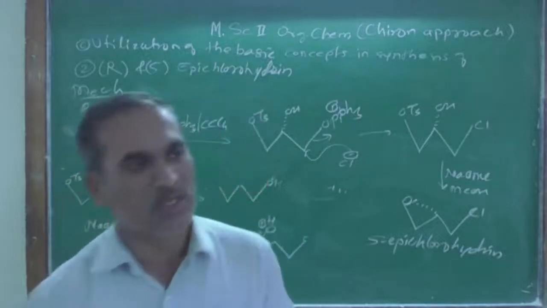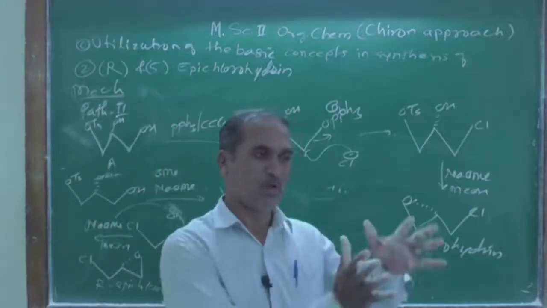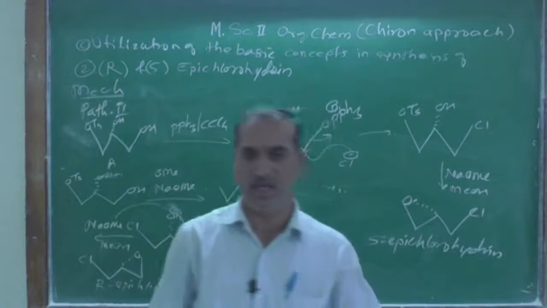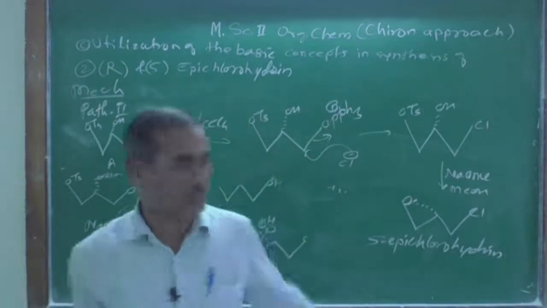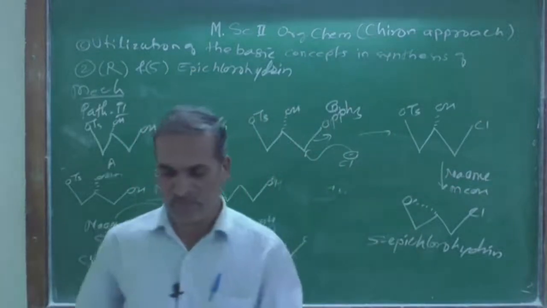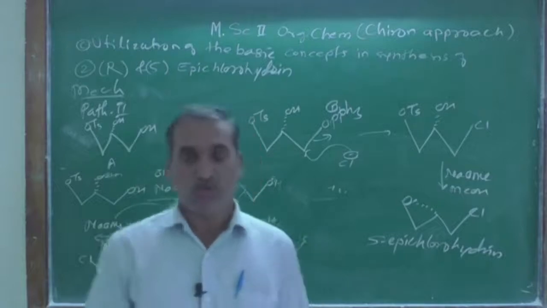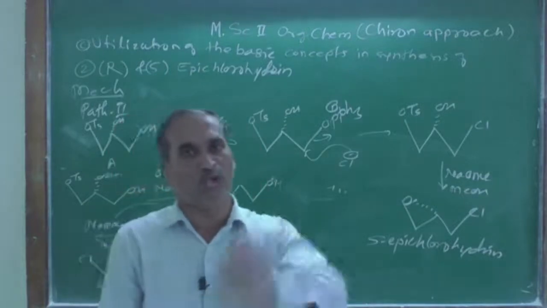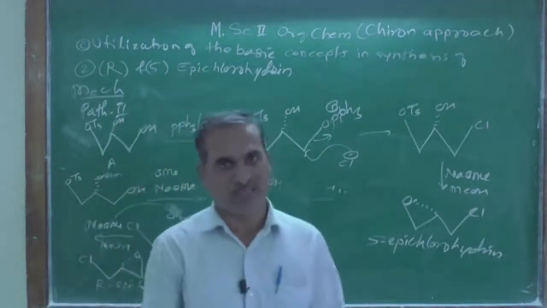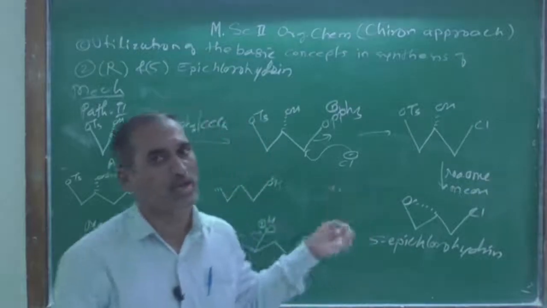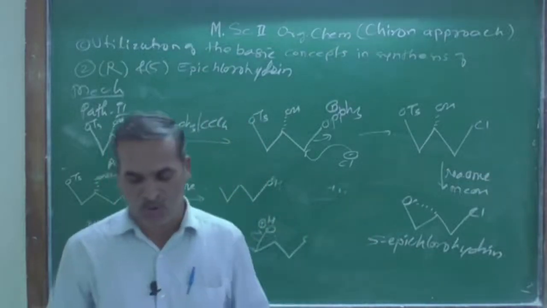So in the exam you only have to remember the retrosynthetic analysis and the synthesis, but the mechanism is not needed over there. So what are the reagents we have used for the synthesis of that epichlorohydrin?